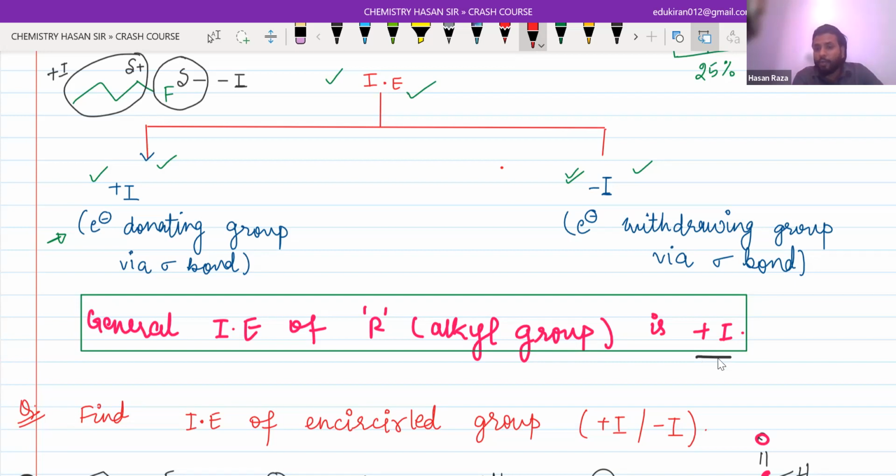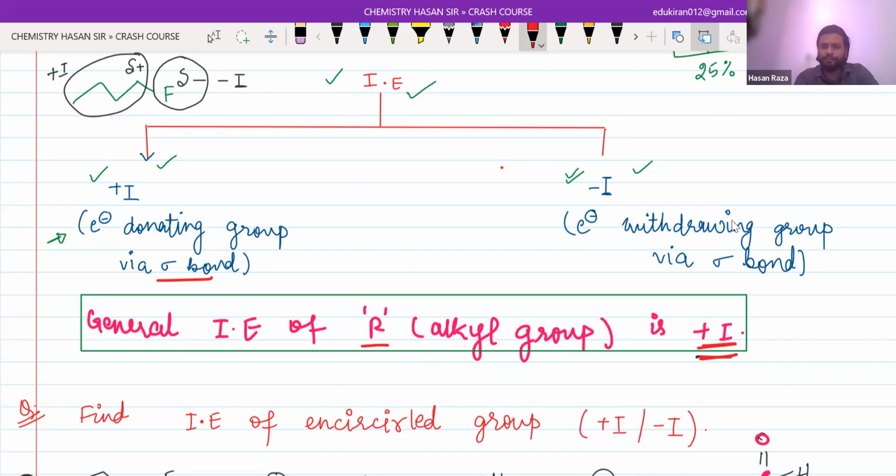That's why they act as plus I, that means donating groups, via sigma bond. Why did I write sigma bond? Because inductive effect proceeds through sigma bond, not pi bond. It only proceeds through sigma bond. And always remember, methyl, ethyl, propyl have a tendency to donate electron. That's why R is plus I.